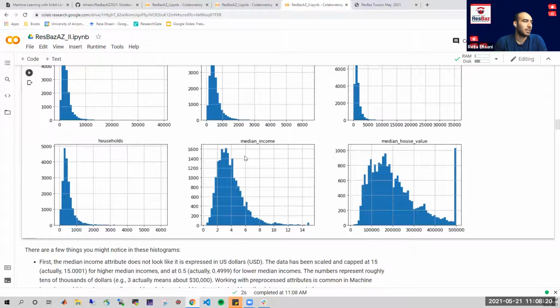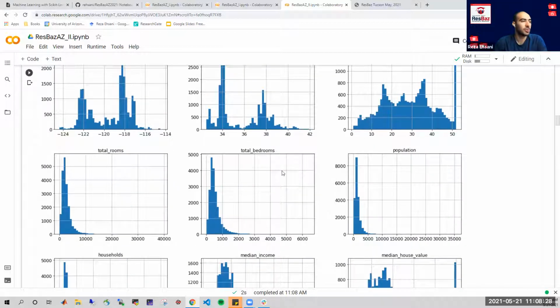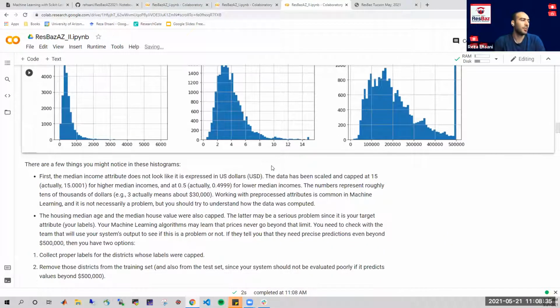we can see that a histogram for each of the attributes in the data set is plotted: longitude, latitude, housing median age, total rooms, total bedrooms, population, median house values, households, and median income. There are a few things that you might notice in these histograms.